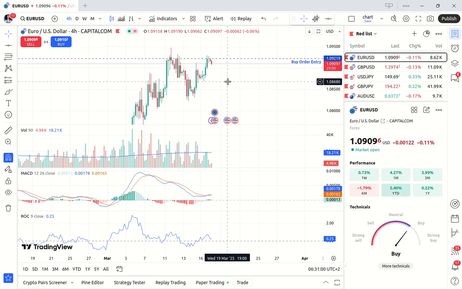As you can see here, there's a buy on the entry.